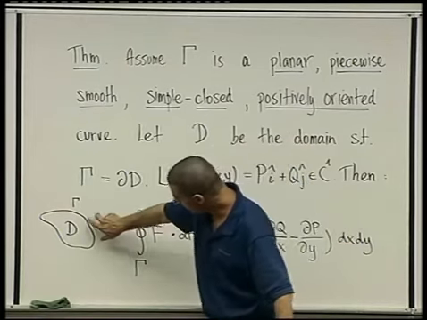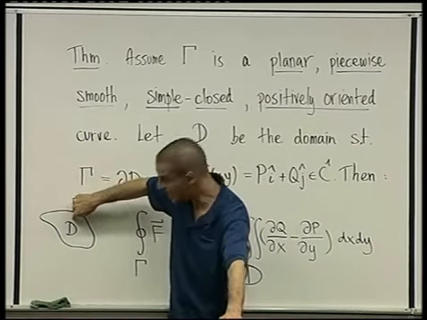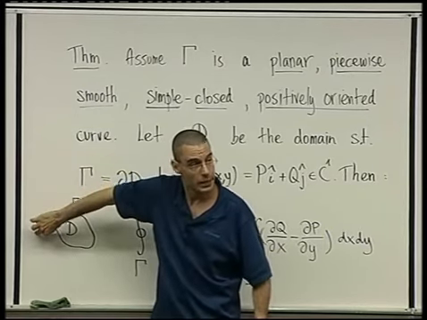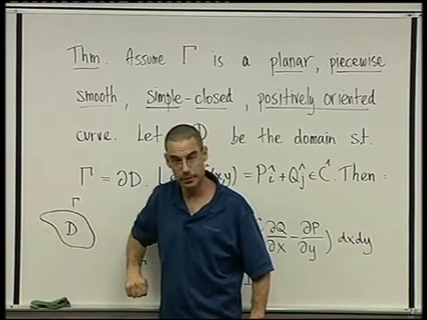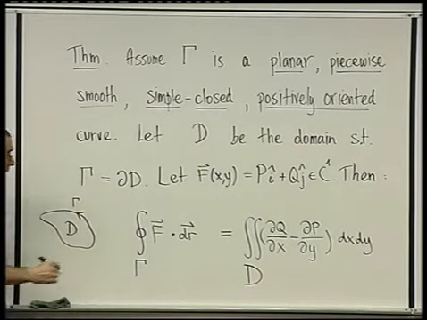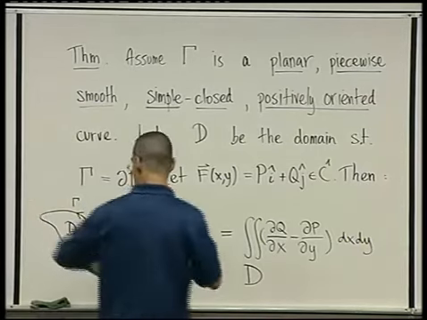So if I'm walking here along gamma, in order for my left hand to point at the domain, I have to walk in this direction, which would be counterclockwise. Do you agree? Okay. So why don't we just say, instead of positively oriented, and explain it with walking and lifting your hand and whatnot, why don't we just say counterclockwise?